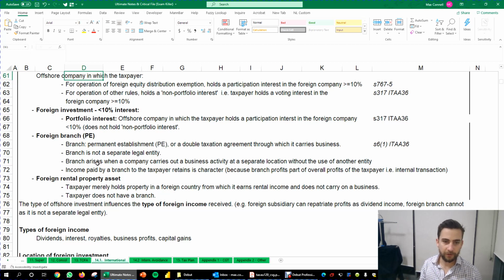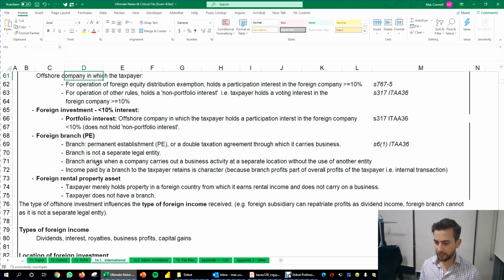That would just be called a foreign branch, and it's called that because it's the same entity but branching out over there. It's a branch. So there's no separate legal entity. So it arises when a company carries out business activity at a separate location without the use of another entity. So income paid by a branch retains its character because branch profits are part of overall profits of the taxpayer, i.e. international transaction.